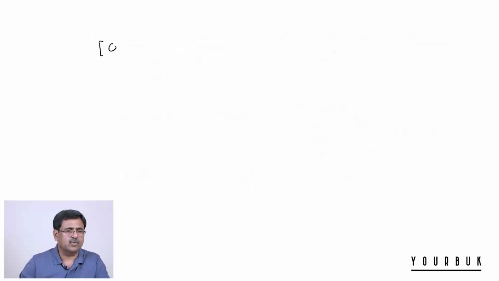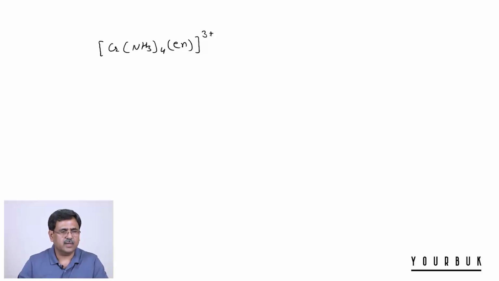This is a complex of chromium, [Cr(NH3)4(en)]3+, and the complex is carrying a charge of 3 positive. Now in this case, we have 2 different ligands present. We have amine NH3 and we have ethane-1,2-diamine, en.